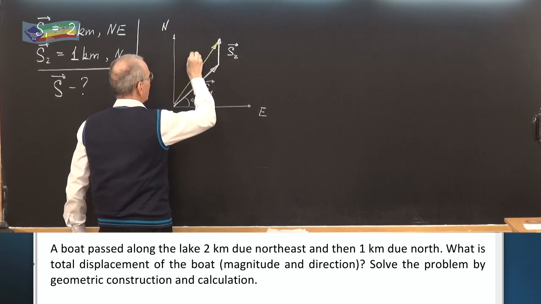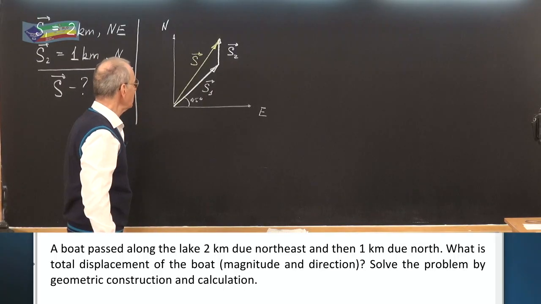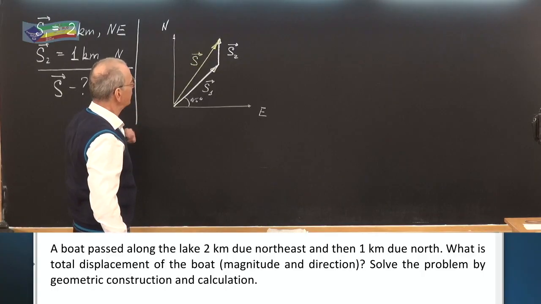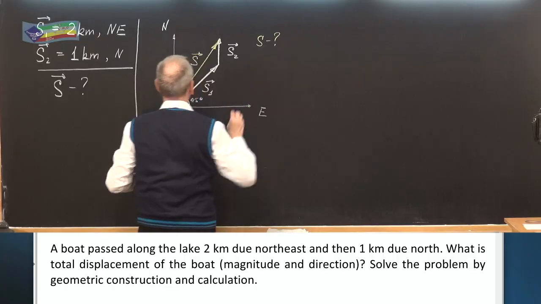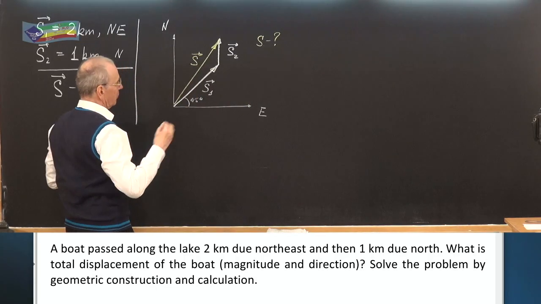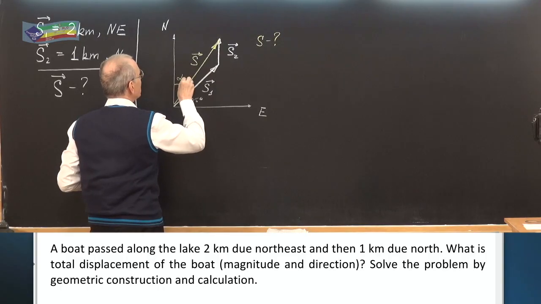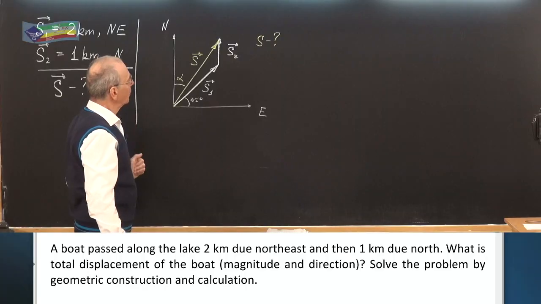This is the total displacement S. We have to find the magnitude of this vector S, and the direction, for example, the angle between the northern direction and the direction of S.